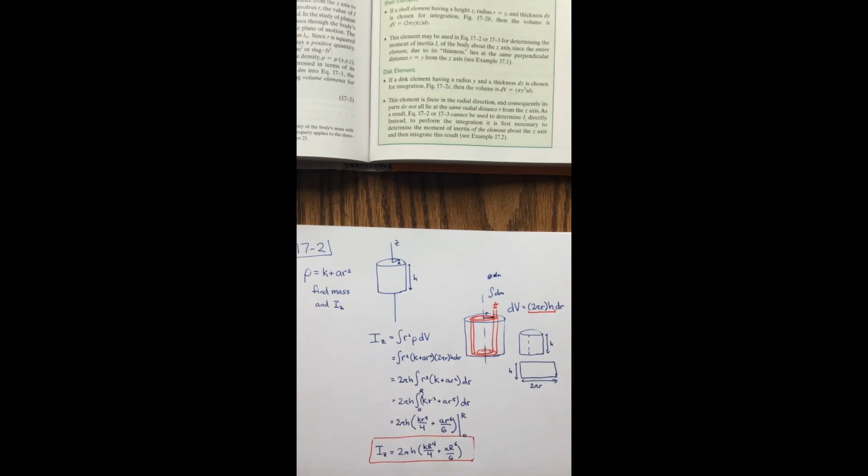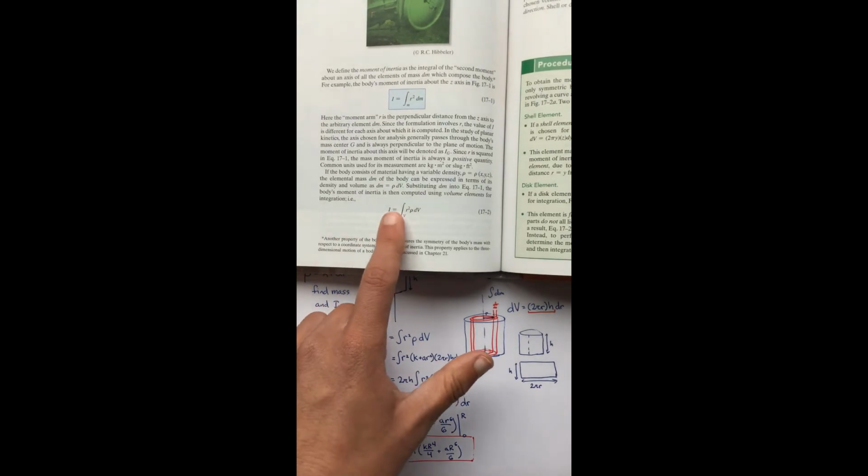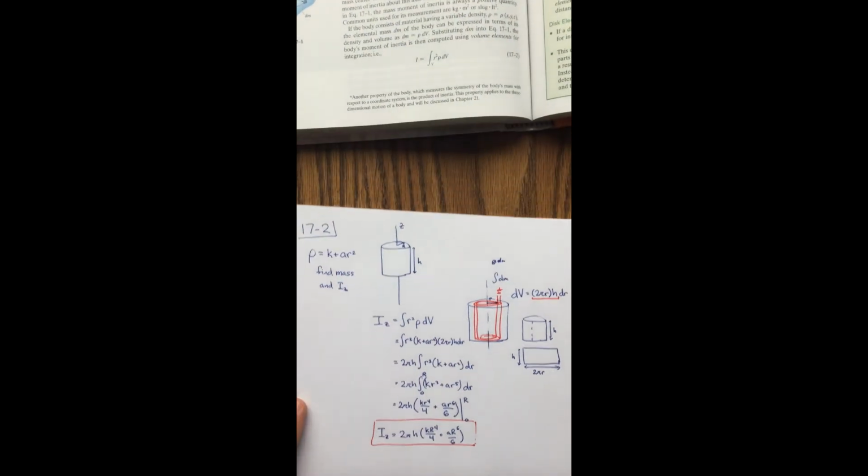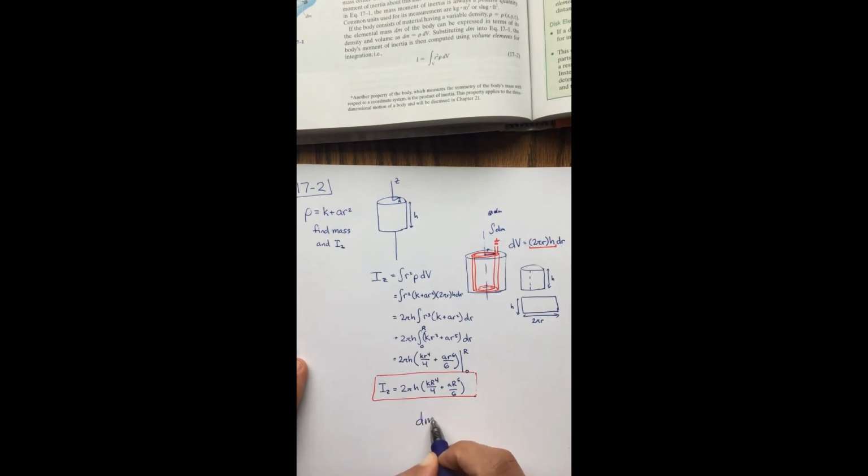Okay, now we're going to find the mass using what they give me here. So if dm is equal to the density times dv, I know the density, so I can just integrate on both sides.